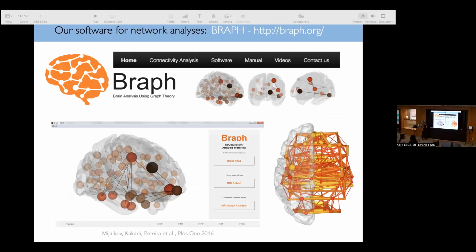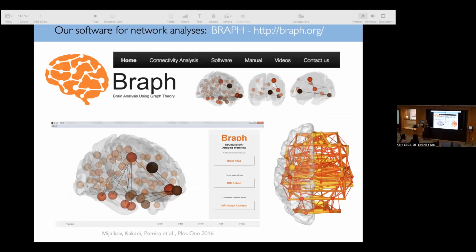So obviously, most of these analyses were conducted using our own software, which is called BRAPH, and it stands for Brain Analysis with Graph Theory, not the most imaginative title, but the only one we could come up with. And it's a MATLAB-based software freely available to download at braph.org, where you'll find different information like manuals, videos, and also a support forum that allows you to get quick answers to questions you might have within a few days.